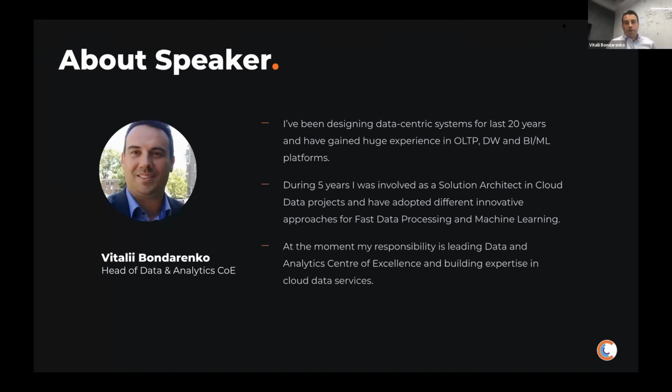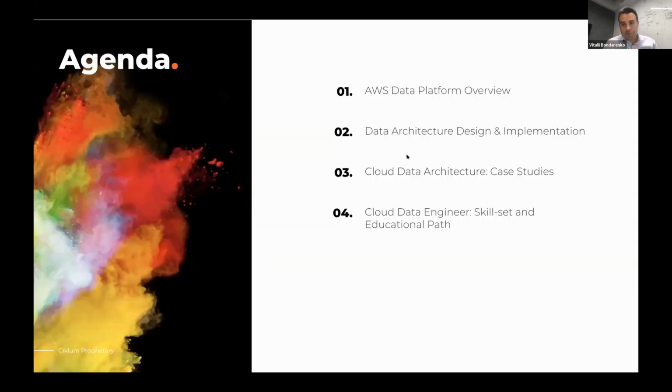As for the agenda, the presentation I prepared for you today is mostly oriented on the real cases we had, and there are three cases. The first one is about a low data latency service in AWS Cloud, how we actually did it.